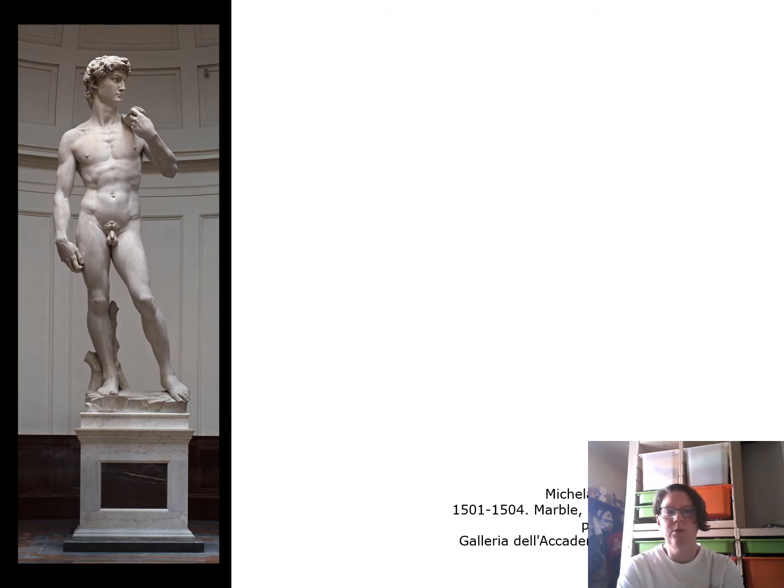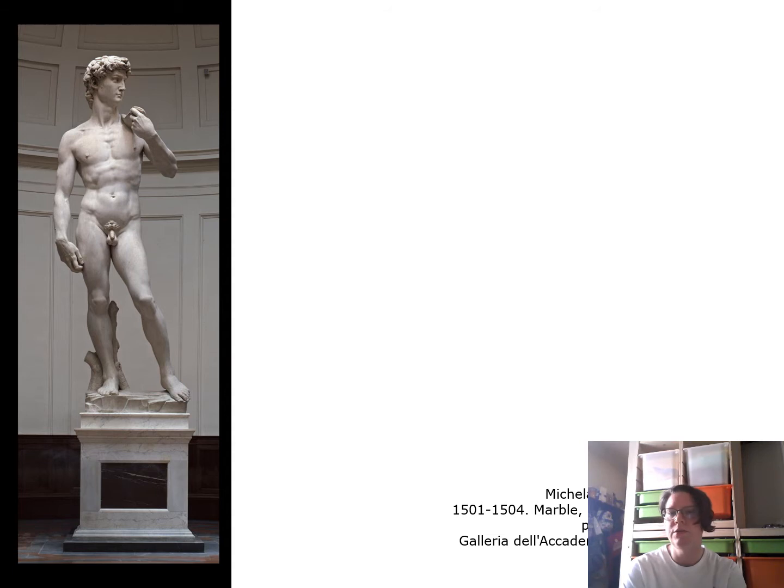I hope you came up with the fact that he holds the slingshot in his left hand, because other than that, that's really the only part of the story that Michelangelo retains in this sculpture.